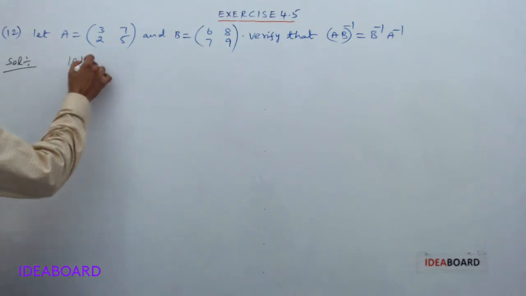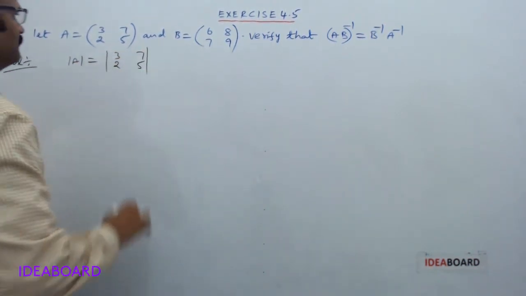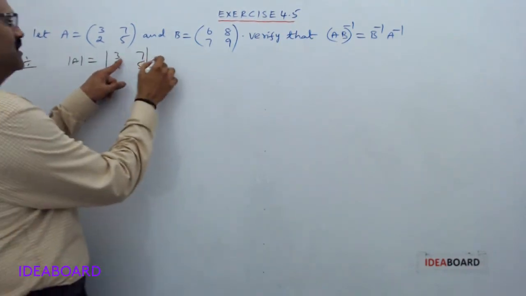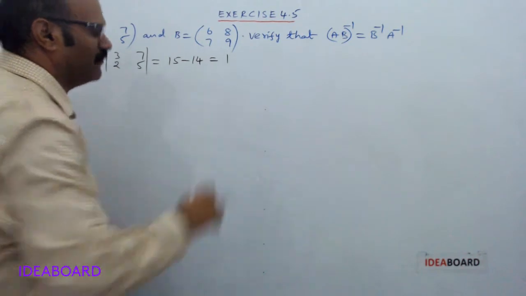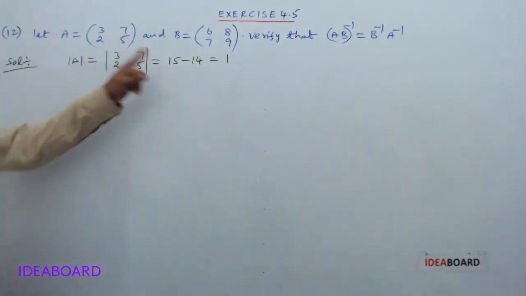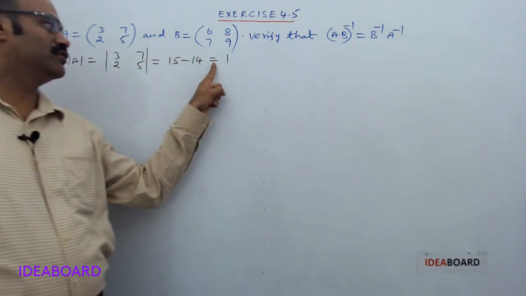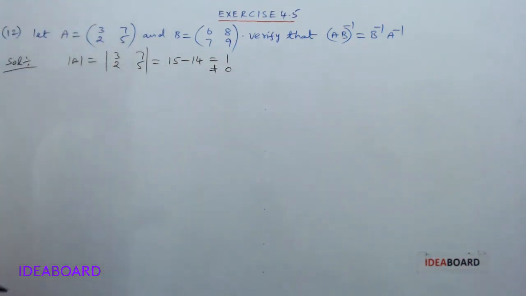So det A equal to determinant of 3, 7, 2, 5 equal to 3 into 5, 15, minus 2 into 7, 14, equal to 1. So det A not equal to 0. So A inverse exists. We find A inverse.